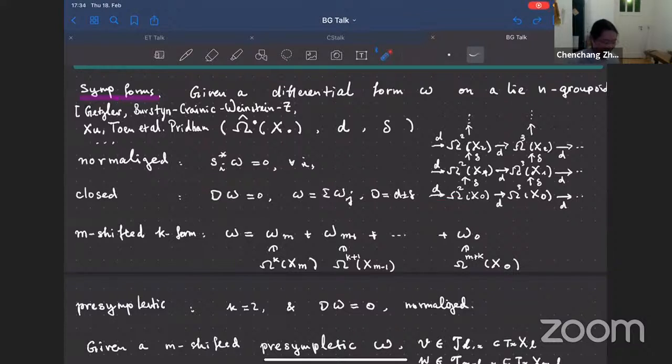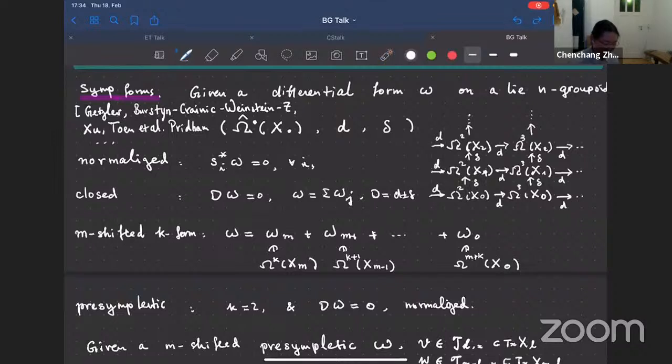And we call it closed if d of omega is 0 with respect to the total differential d. One direction is de Rham, the other direction is simplicial, right?